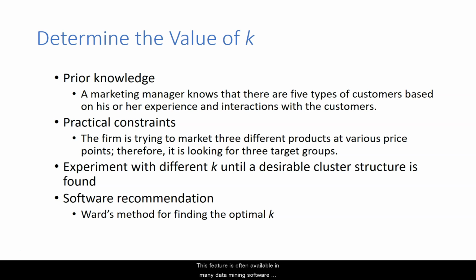This feature is often available in many data mining software products, including SAS Enterprise Miner. One popular technique for the software to make a recommendation without understanding the underlying meaning of the data is called Ward's method, which I will explain in the next couple of slides.